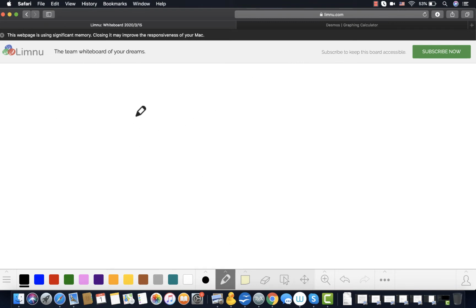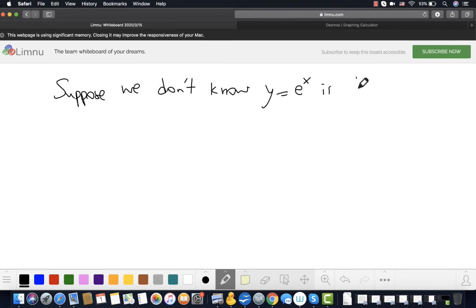So suppose we don't know that y equals e to the x is the solution, and let's find it in a different way. Here's a different technique that we're going to use.